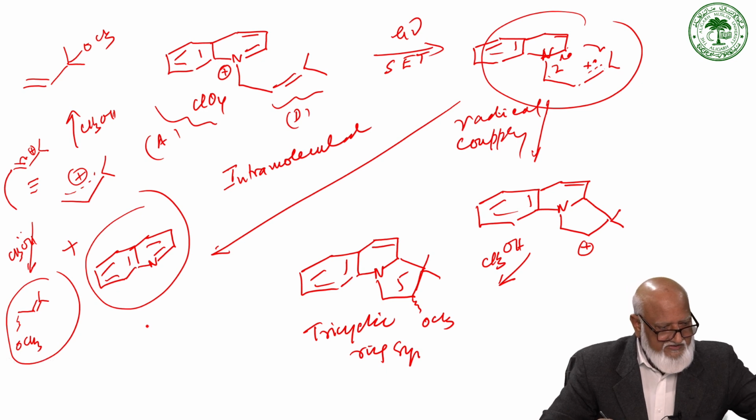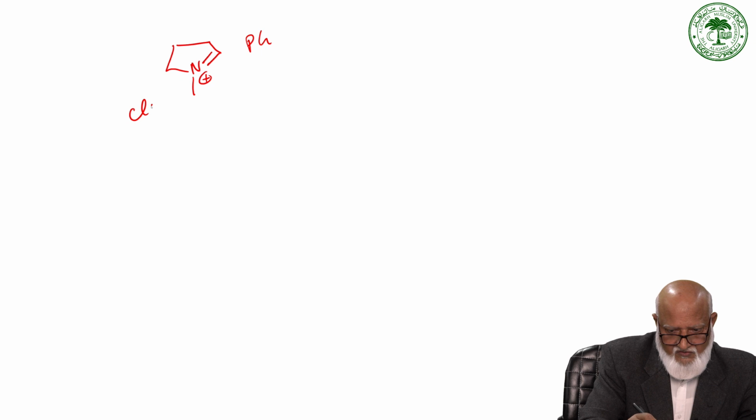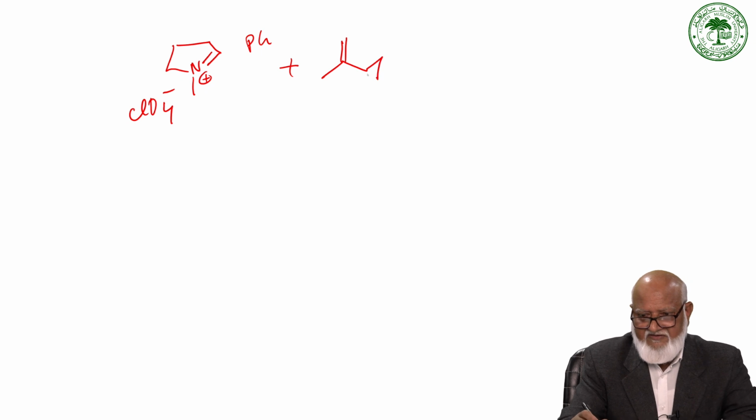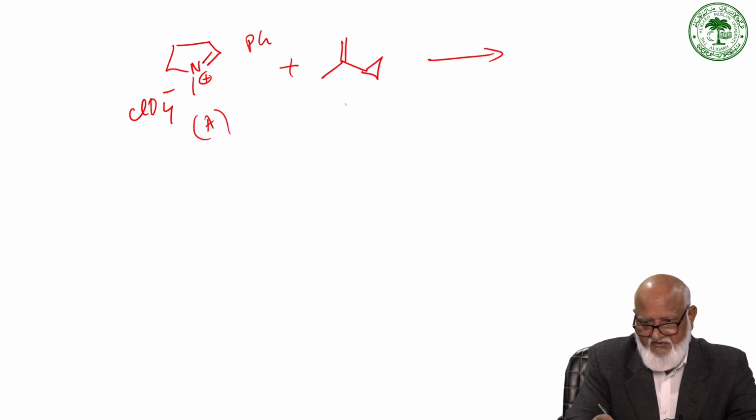So this is another reaction using five membered ammonium salts, which have also been reported, where we have ClO4 minus plus a cyclopropyl alkene as an electron donor, with the ammonium salt acting as electron acceptor.